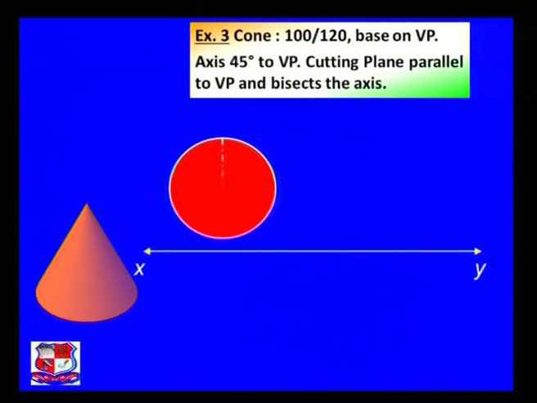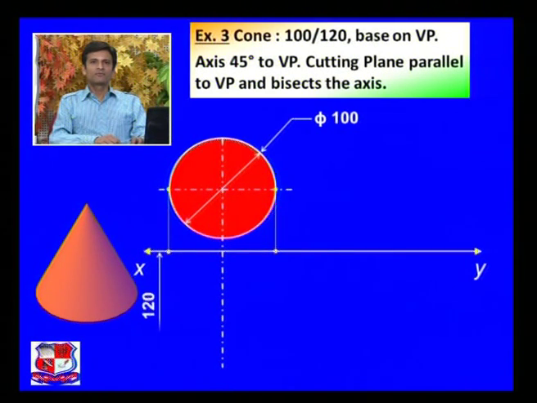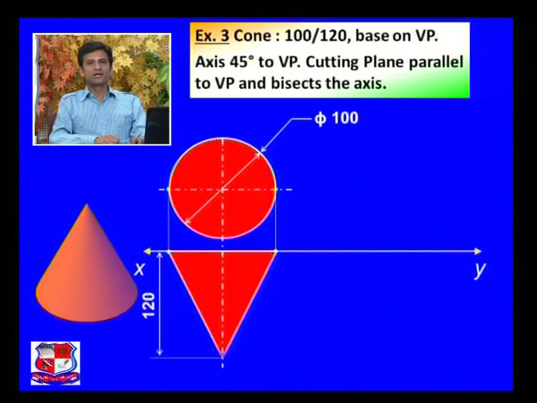Then draw its vertical axis, horizontal axis or center line of this circle, and insert the dimension, diameter 100 millimeter. As height is given, from both the end points draw straight vertical lines, and at a height of 120 millimeter mark a point on the axis and join these points with straight lines and make a triangle below the XY line. So this is the front view and top view of the given solid.